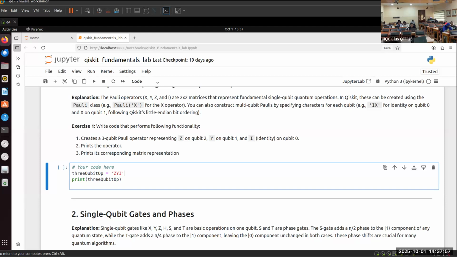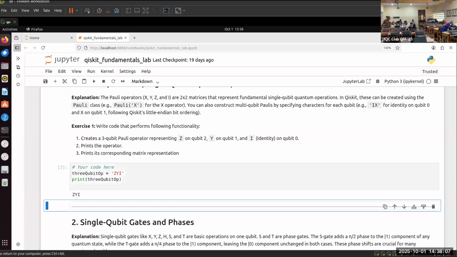So then you print your code, the matrix representation. If it has a matrix representation, then you run it to check. So if you do, now I have executed in the cell, then you have number 2. Whether this is correct or not, I don't know. But the fact that I do not have an error means that I have written something logical for Python to interpret, for Qiskit to understand.